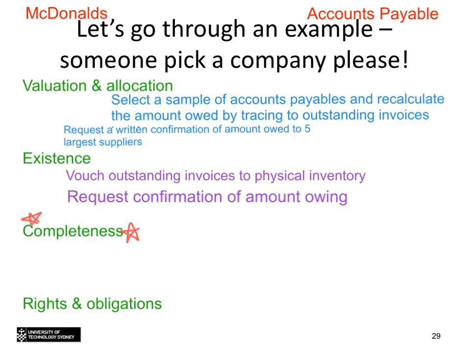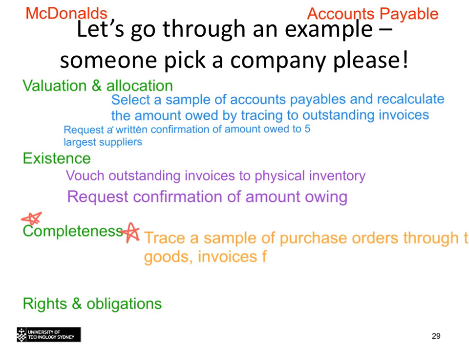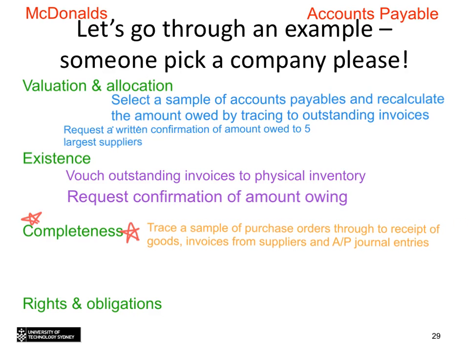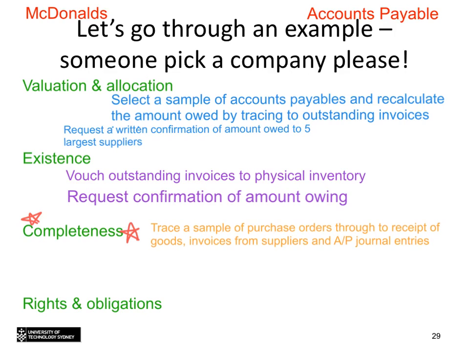You could trace them all, vouching, but make sure you've got all the documents, like the purchase order. Yes, so we could do a few different things. Trace a sample of purchase orders through to receipt of goods, invoices from suppliers, and accounts payable journal entries. All right, that's a good one.